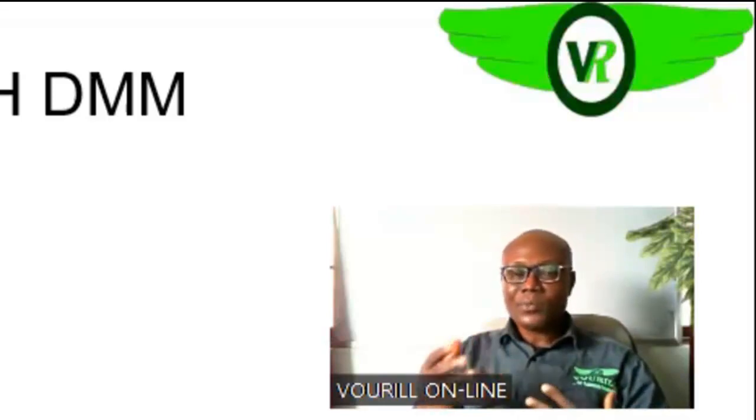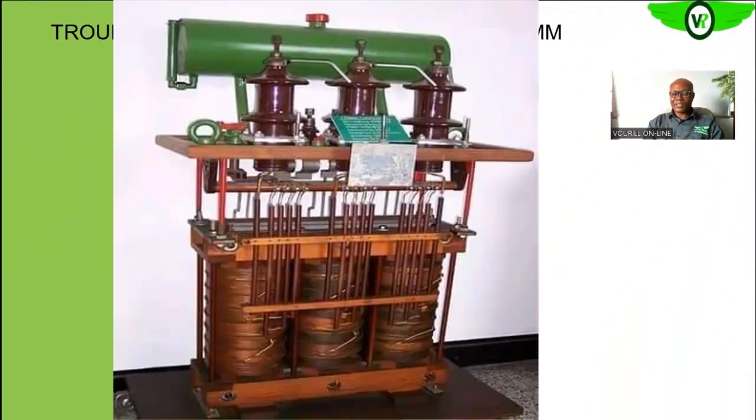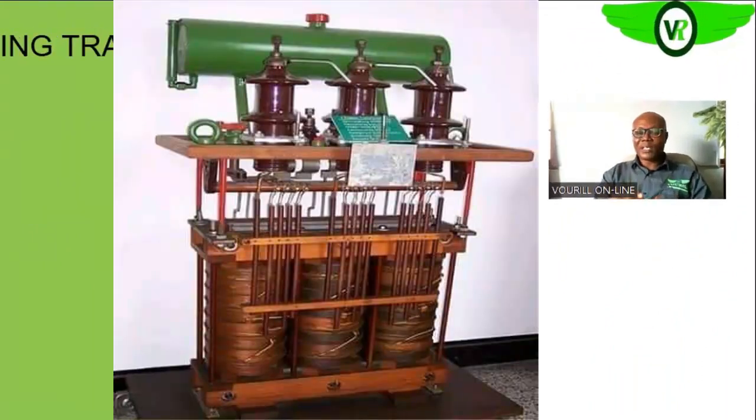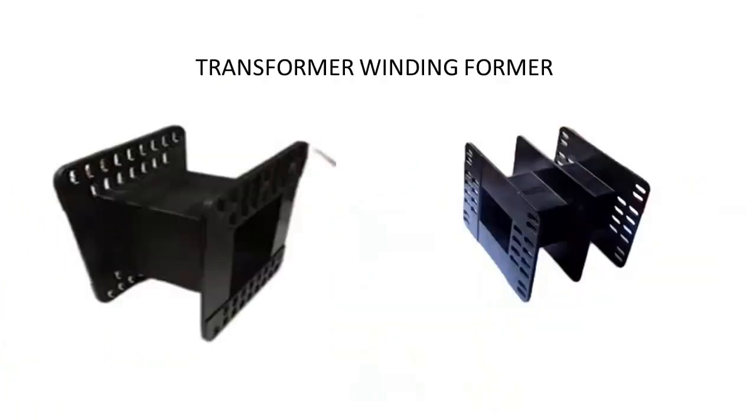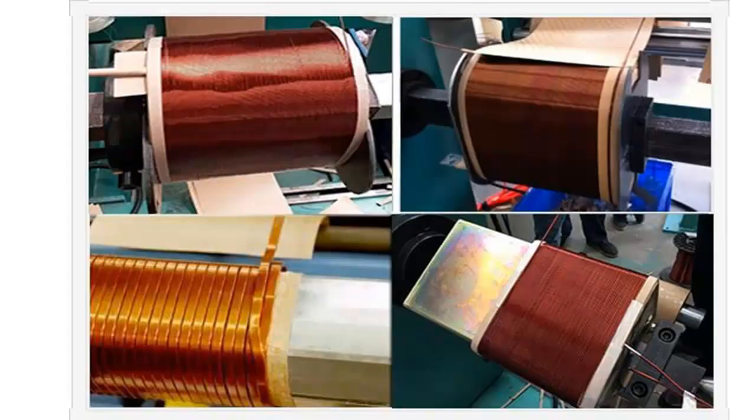So when they are making the windings on the transformer, there is what we call a former, okay? Each of the windings is made on the former, and that former is made of insulated material. That material is an insulator.